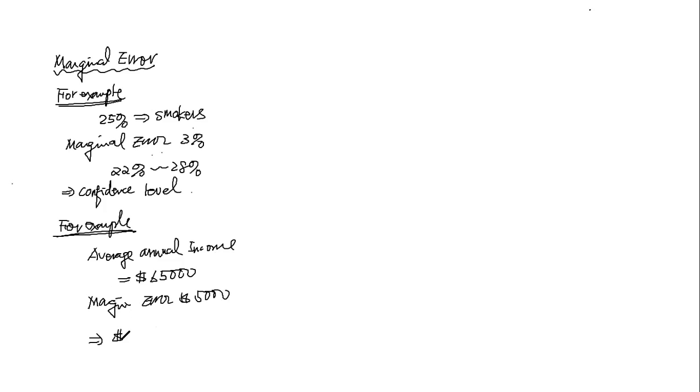That means I'm pretty sure, based on the confidence interval, maybe 95% confident, that this city's annual income for a family will be between 60,000 and 70,000. That's what we mean by margin of error. Okay, now the next thing, we want to see event operations.